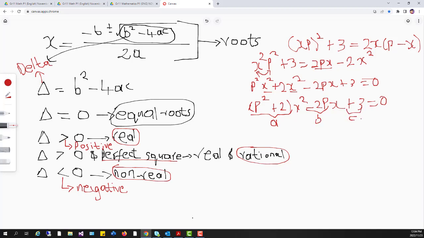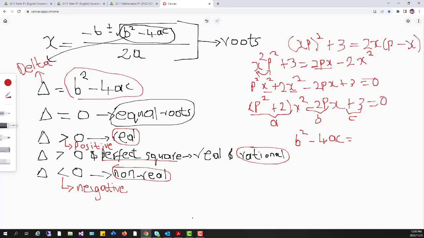All right, so what is our delta? Our delta, we know it to be b squared minus 4ac. Remember, that determines the nature of the roots. That's why we are using the delta.